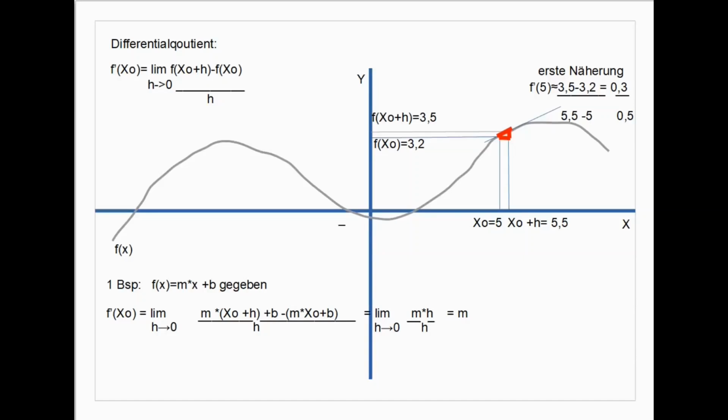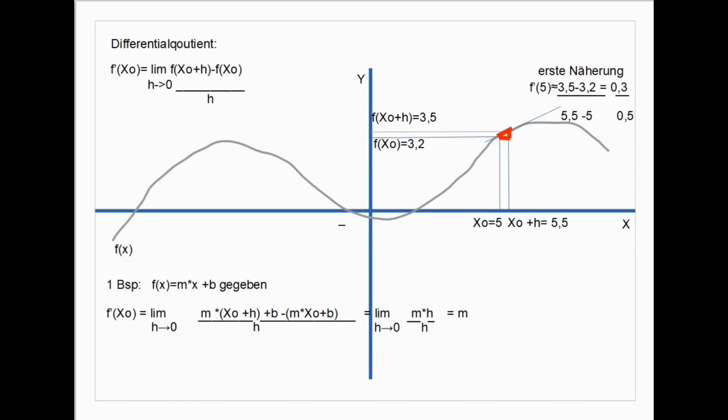Then f would be the line at point 5. So for x0 equal to 5, 3.5 minus 3.2 divided by 5.5 minus 5, or h, would simply be 0.5 in the example. The difference 3.5 minus 3.2 would be 0.3.